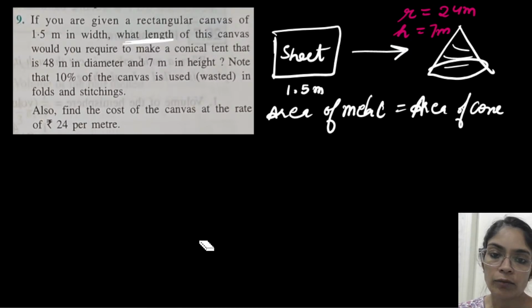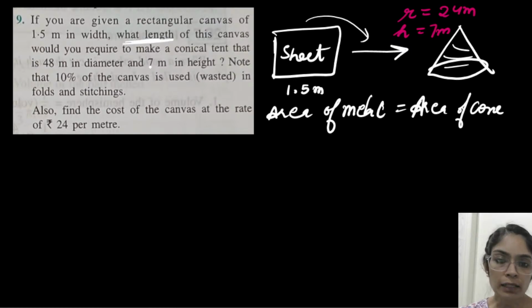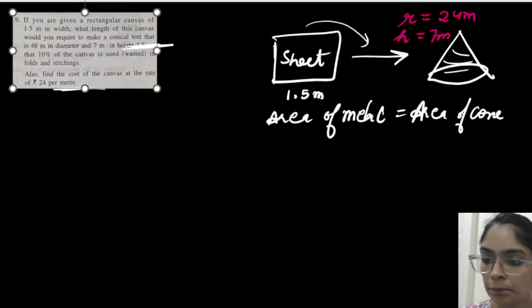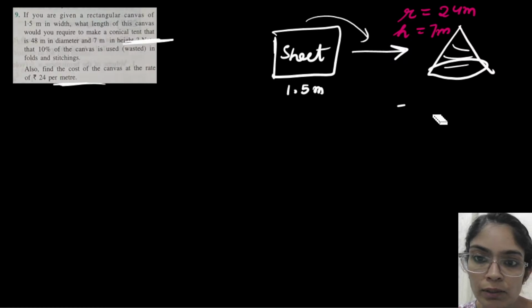But here one thing we have to see: whenever this rectangular thing is converted into a cone, some wastage of the canvas will happen. So here they have clearly mentioned that 10% of the canvas is wasted also. So now you have to use this thing. This area of metal will be equal to which thing?